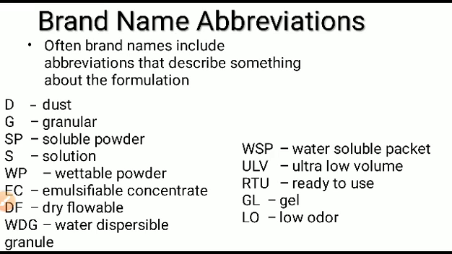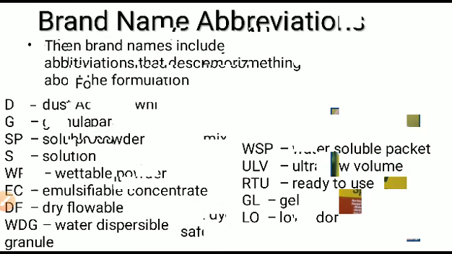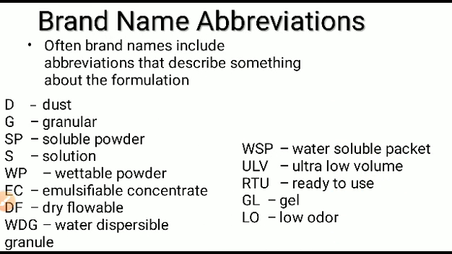First, D for dust, G for granular, SP for soluble powder, S for solution, WP for wettable powder, EC that is emulsifiable concentrate, DF means dry flowable, WDG that is water dispersible granule, WSP that is water soluble packet, ULV that is ultra low volume, RTU that is ready to use, GL that is gel, and LO means low odor.